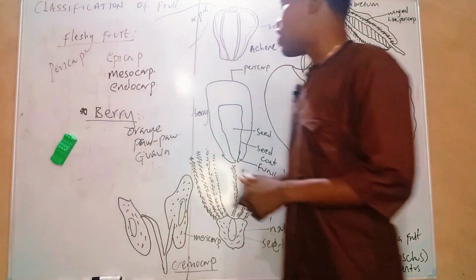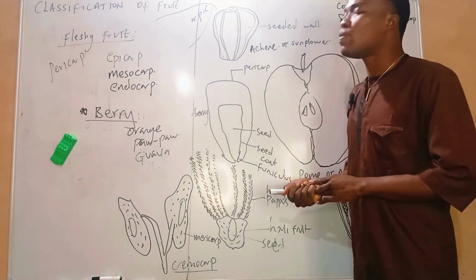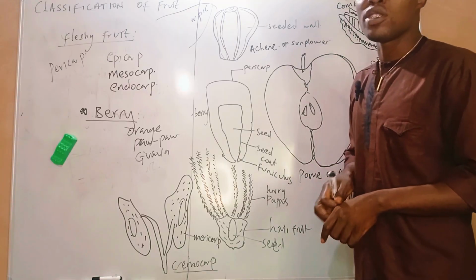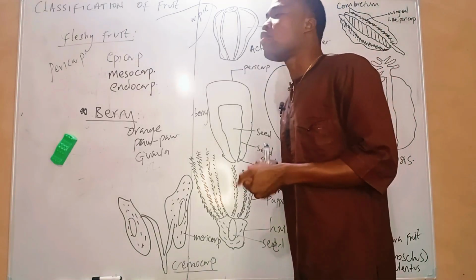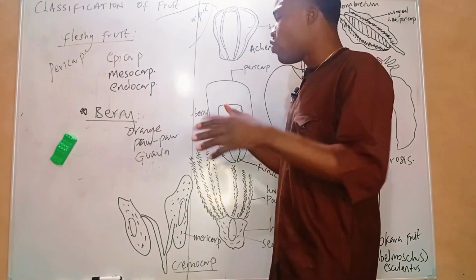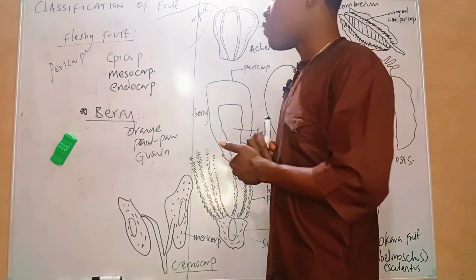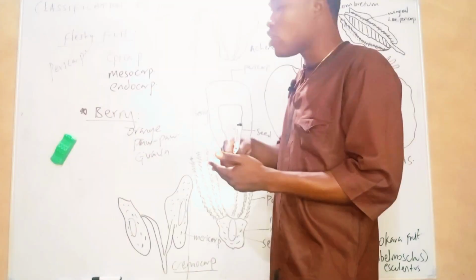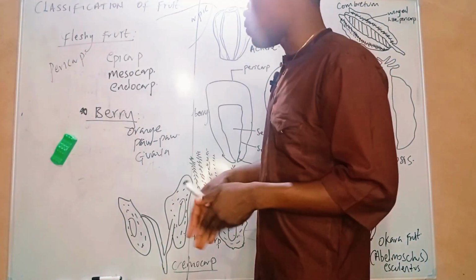Now for the guava, these berries are sometimes from inferior pistils, and some of them are usually from superior pistils. Now, what's an inferior ovary? A superior ovary is an ovary that is above other floral parts, while an inferior ovary is an ovary that is embedded in other floral parts. Usually, the ovary is inside the receptacle.